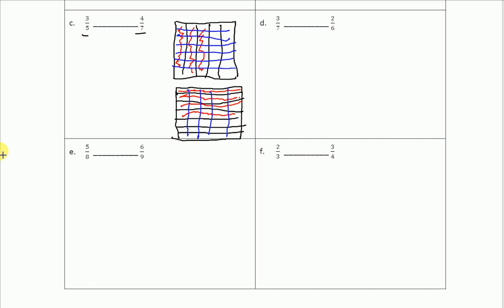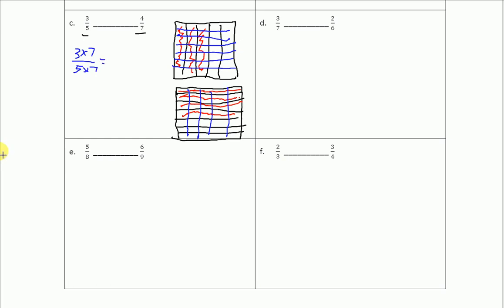Okay, so let's see, what does the math look like? Well, here's what the math would look like on this top one, on this 3/5 here. I'm going to do this one over here. I'm going to have 3 times 7. Why 7? Because we split the 3/5 7 ways, times 5 times 7.